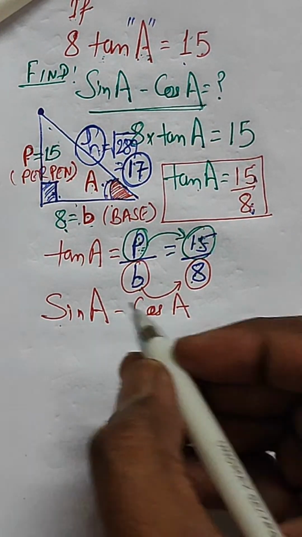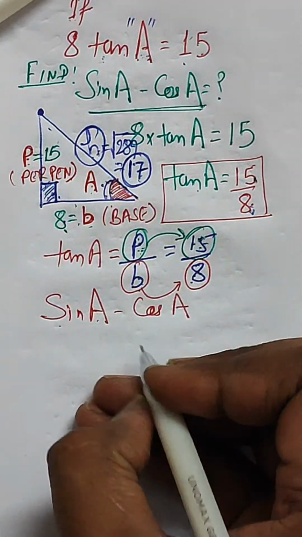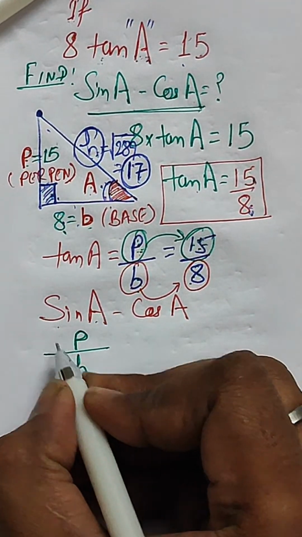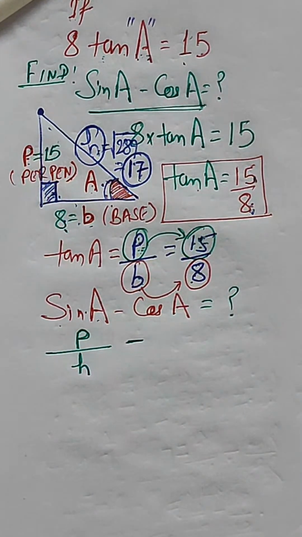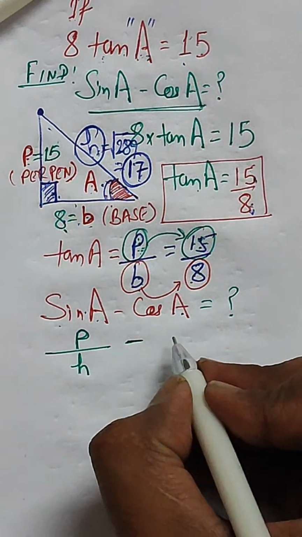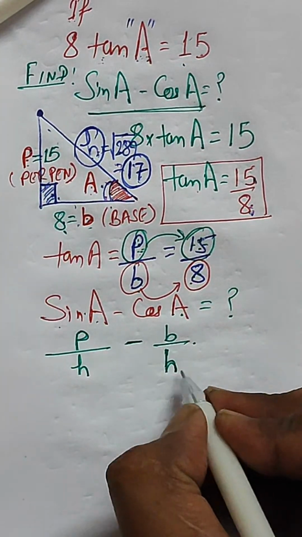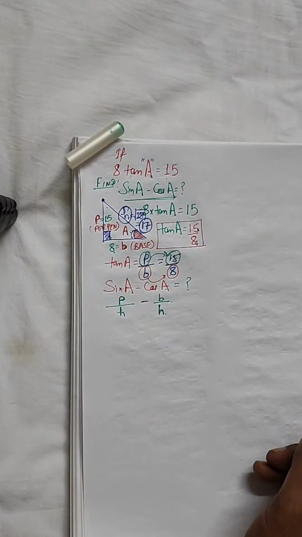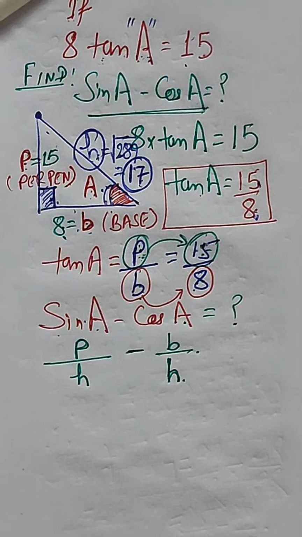Now sin A is perpendicular by hypotenuse, right? So put the value P by H for sin A, minus cos A, which is B by H. Let me zoom a little. It's fine now.